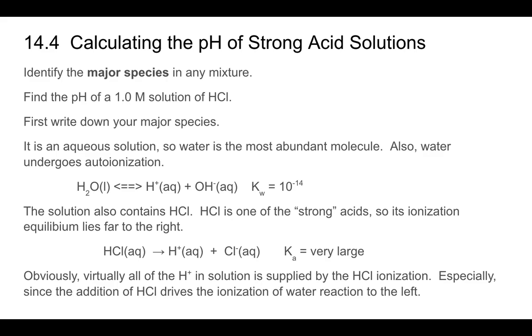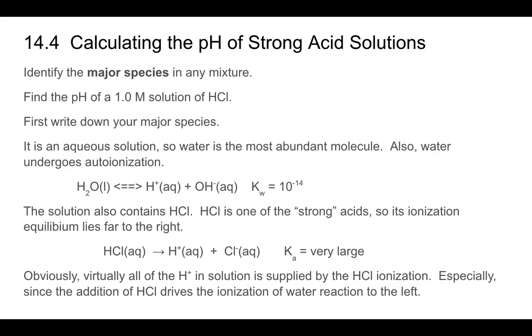I think we can neglect any H+ supplied by the water, especially since the H+ from the HCl is going to push the equilibrium for the water back to the left because you're adding a product, H+. So we're going to assume that the ionization of the water is very minimal and that all your H+ comes from the ionization of HCl.